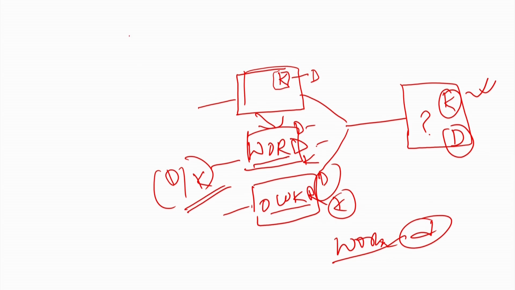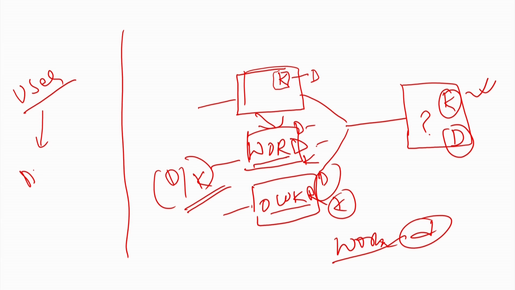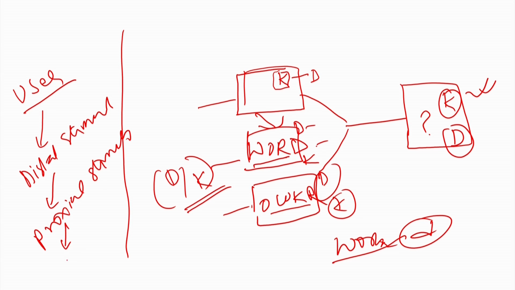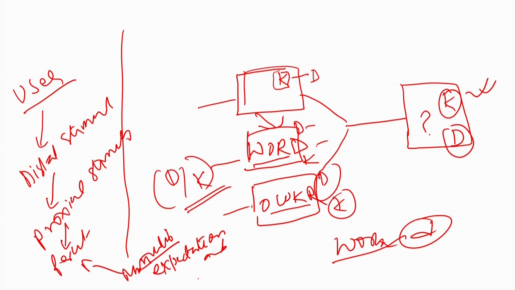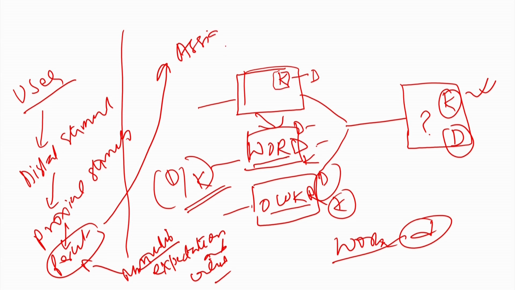Remember, most of our idea of perception starts with the fact that the user or the perceiver gets information from the distal stimulus, does something on the proximal stimulus, generates a percept, and dependent on the motivations or expectations and context, this percept is assigned a meaning.